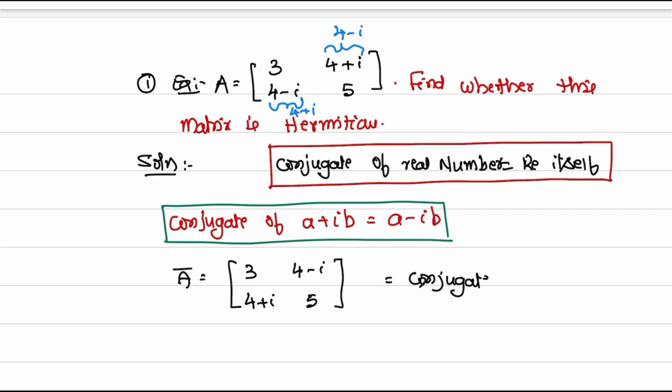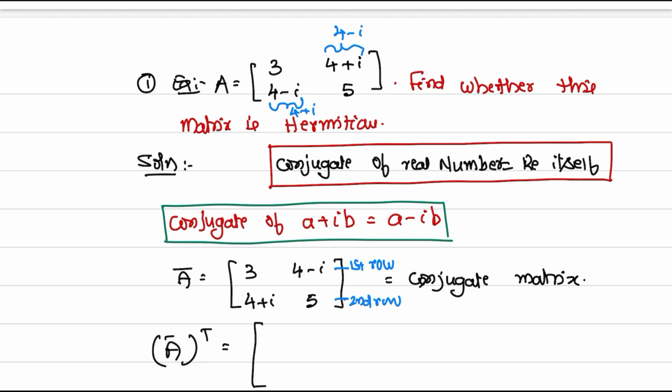Then what is the transpose of the conjugate? In the transpose, the rows will become columns and columns will become rows. This is the first row. This is the second row.